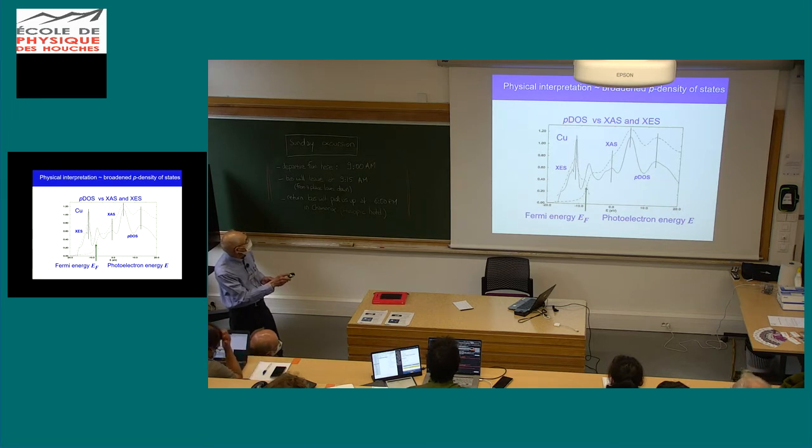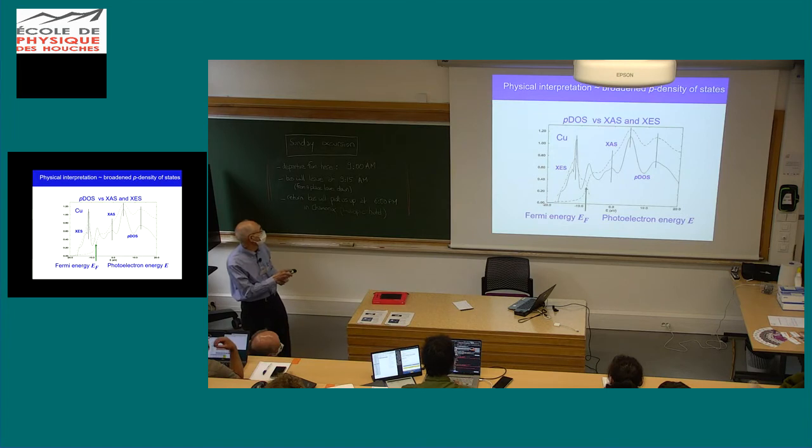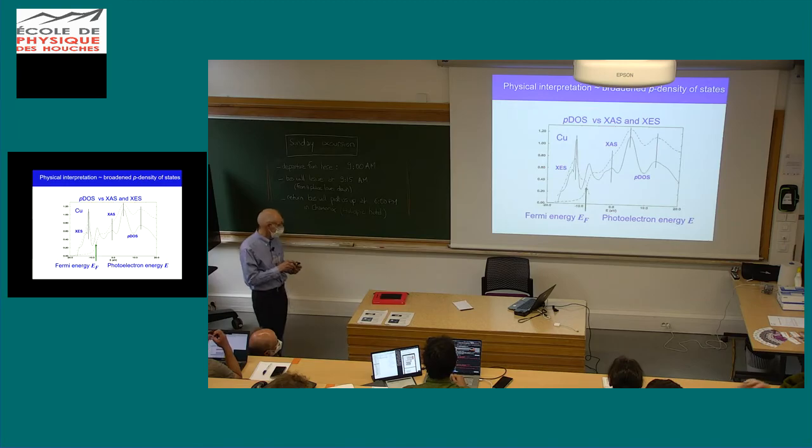And you can see one's the XAS, the other's the electronic structure. So this same code that we have, if you don't broaden it, gives you the P density of states. And similarly for the occupied part, which is like X-ray emission. So that's nice. And similarly, if you go from the L shell, you get mostly L plus 1 final states.